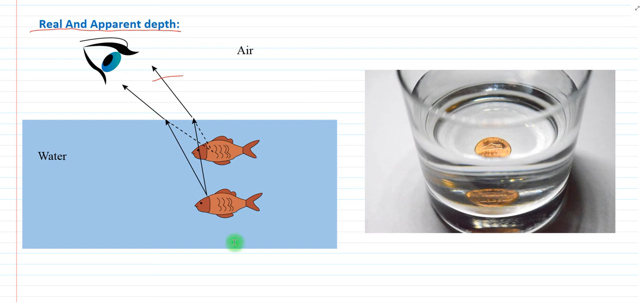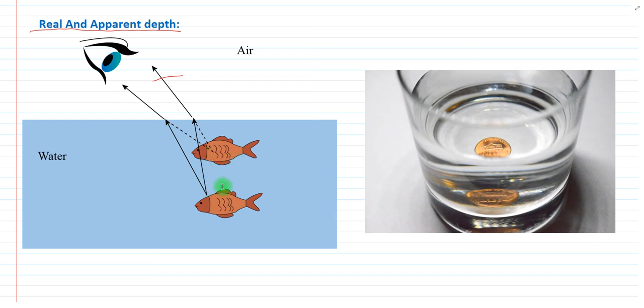Like this, if you see a fish inside water, in a river or in a pond, then you will see the apparent position of the fish. So if you aim to throw a stone at a fish, the stone will not hit the fish, because your aim is at the apparent position of the fish, not the actual position.